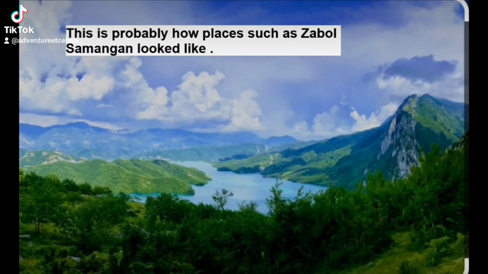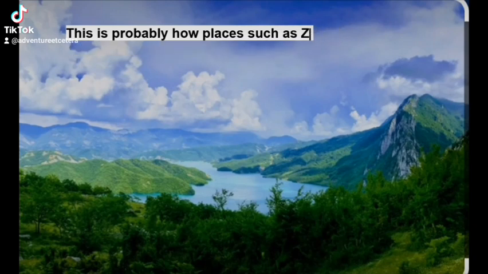And this is probably how places such as Zabul and Samangan looked like. Beautiful mountains, green woods, and very fertile for agriculture.